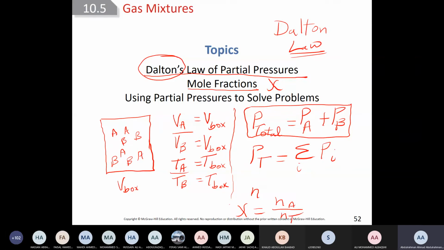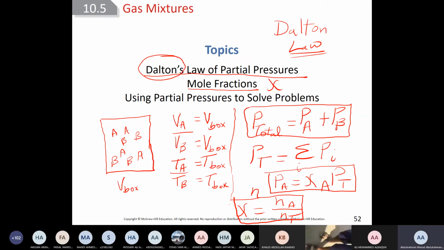This is called the mole fraction. And this way, P of A equals the mole fraction of A times P total. That's another way to say Dalton law. Is this clear?